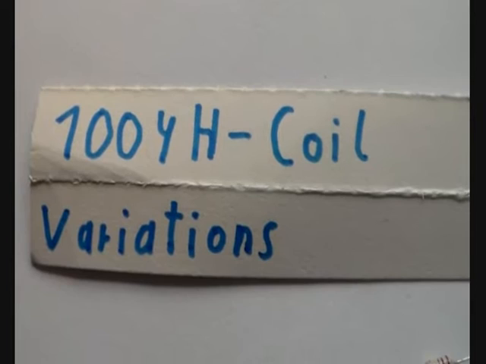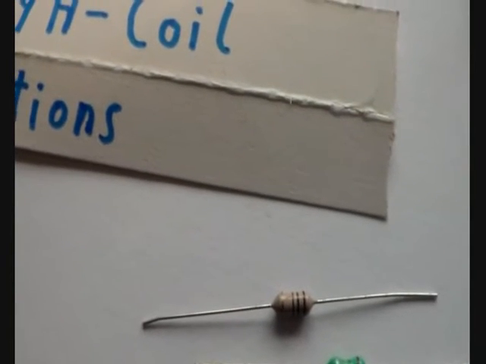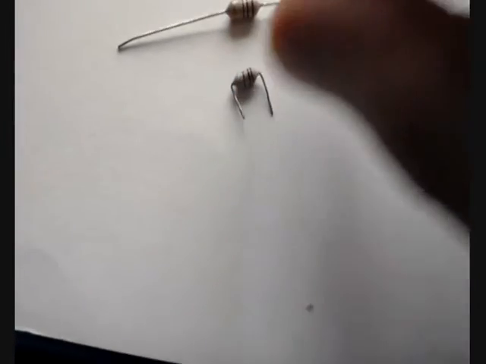Now let's talk about the 100 microhenry coil. I want you to use this 100 microhenry coil, and there are many variations. There's also a version in green. This coil also exists in a smaller shape and also in many different other shapes. It can be a coil like this, or like this, or like that, or it can even be a variable coil.